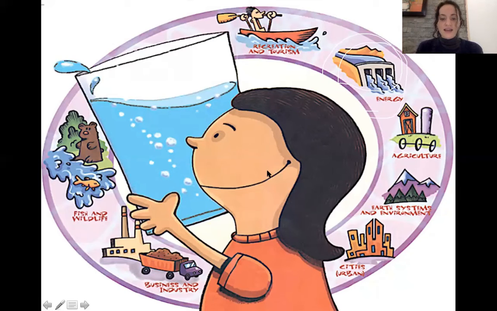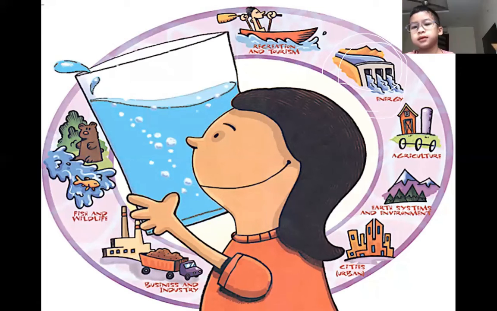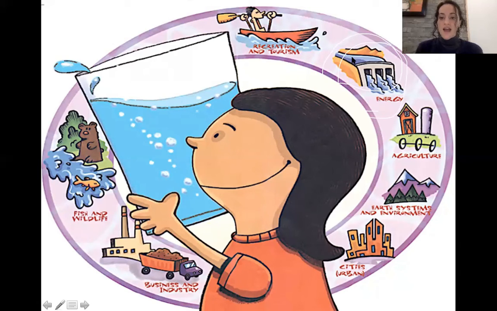Is this clean or dirty energy? Blue Moon, is this clean or dirty energy? Clean, very good. So water is another kind of clean energy. We use it to water plants. Fish and animals need water so that they can drink and swim and live.